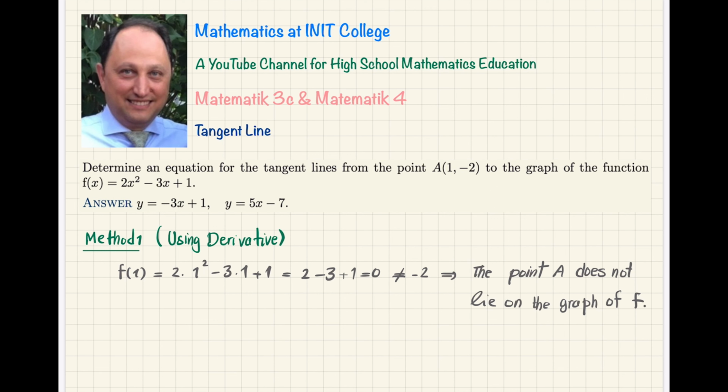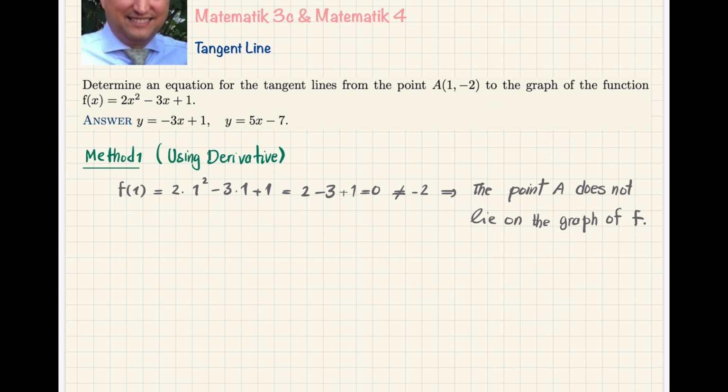Okay, so the method that we learned so far is not working here. Because if you want to find an equation for the tangent line, the first thing that you need to do is to find the slope of the tangent line. Let me just draw some graph for you here.